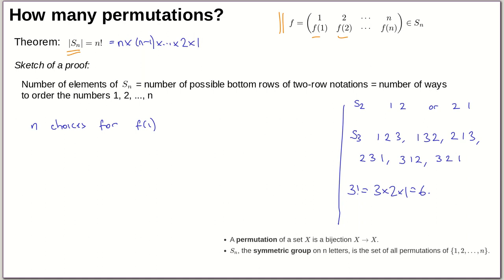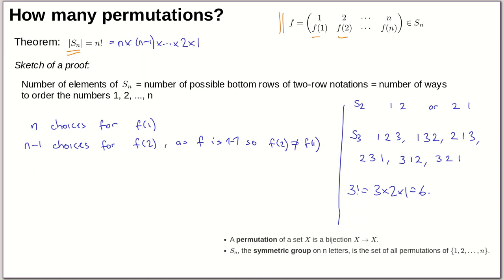So f of 2 can't be equal to f of 1, because f is supposed to be one-to-one. But it can be any of the other n minus 1 numbers. So there are n minus 1 choices for f of 2, as f is one-to-one.